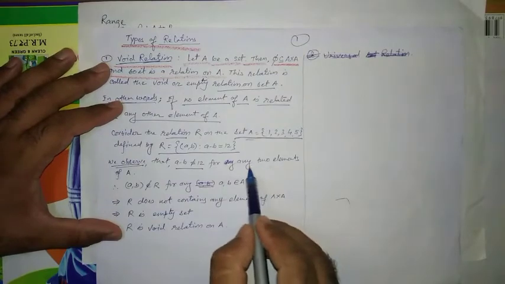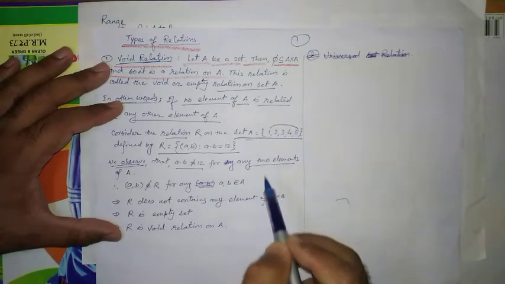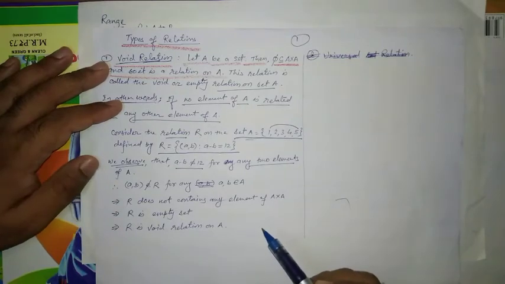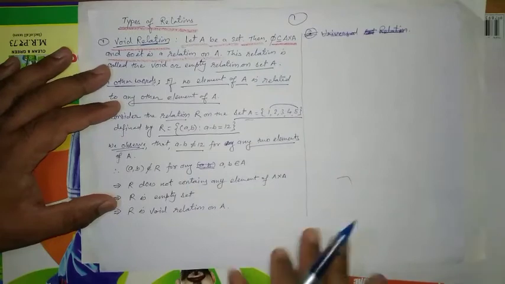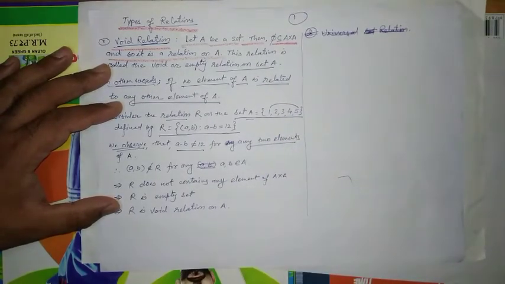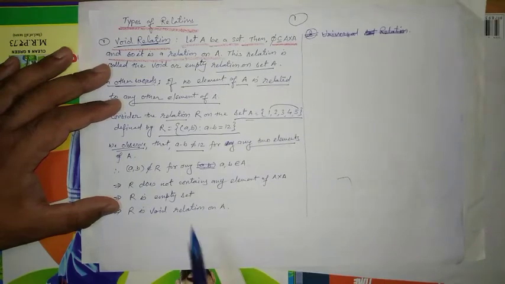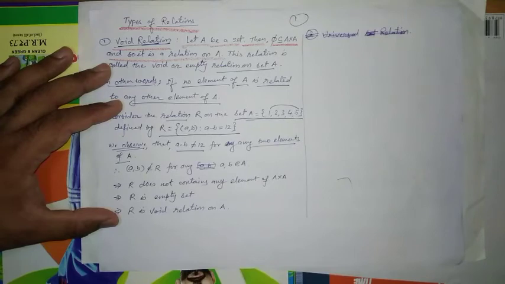For any two elements, when I subtract them, the maximum value I get is 5 minus 1, therefore that is not equal to 12 for any two elements of A.